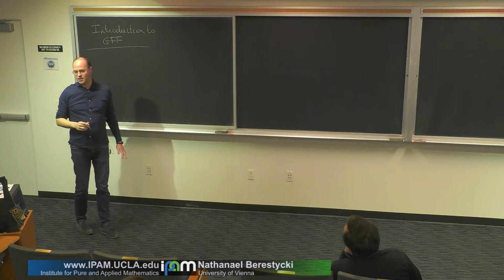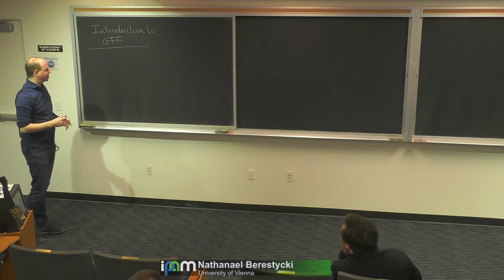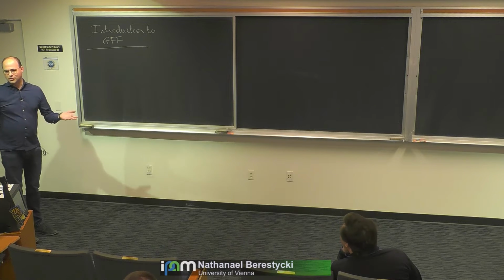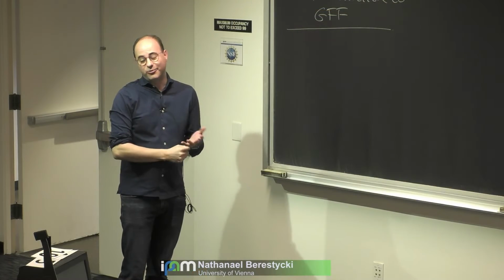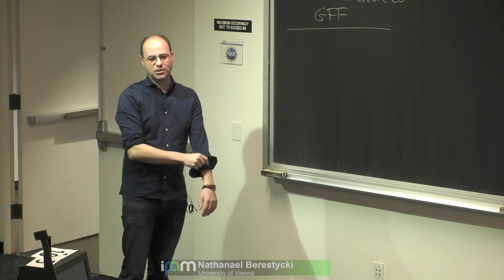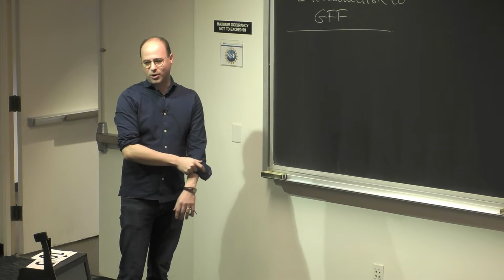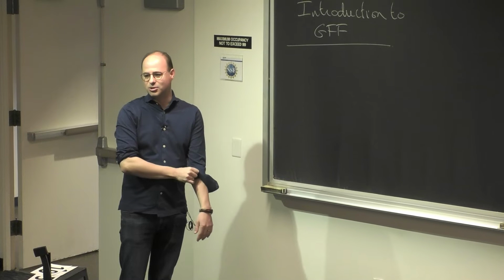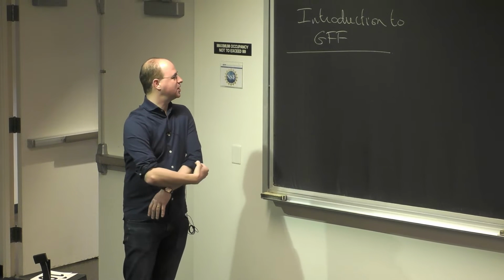As I think I hinted at yesterday, the Gaussian free field really is the canonical notion of random function on a domain in the plane, where "function" has to be taken in quotation marks because it's not actually a function.